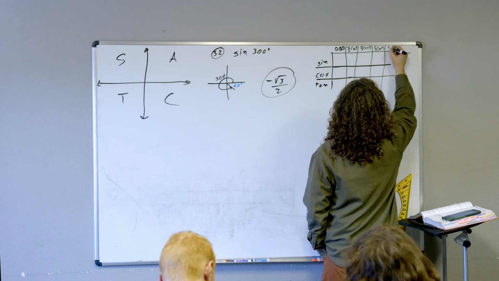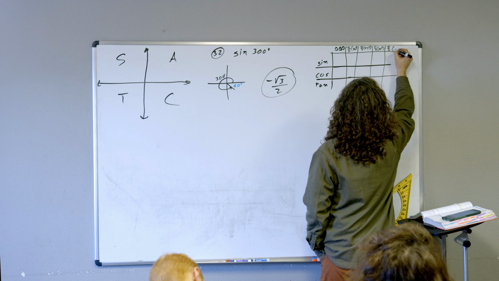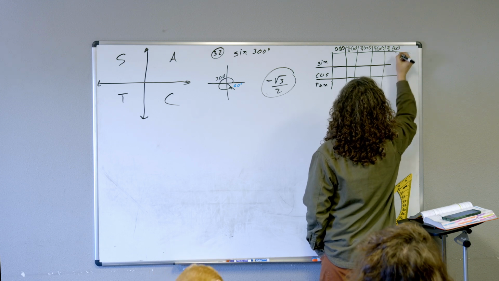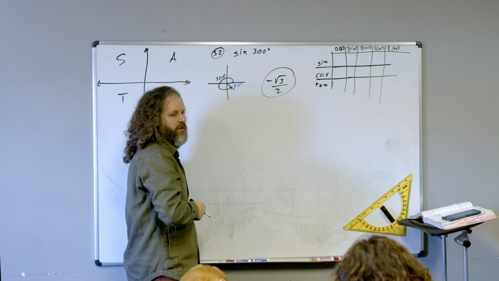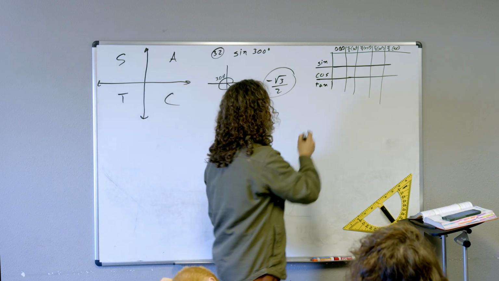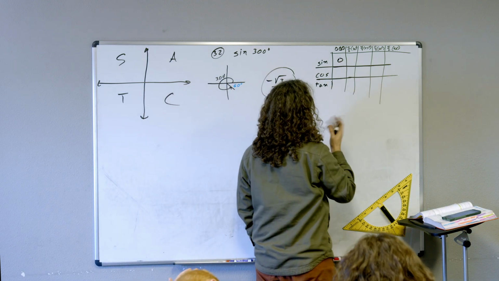This is the part where you just count to 4, right? So what's the sine of 0 degrees? 0. What's the sine of pi over 6?